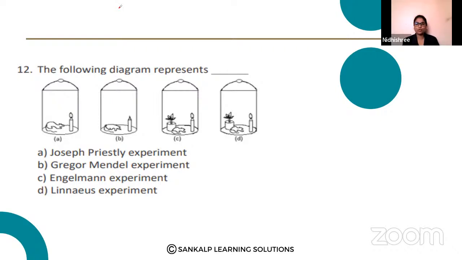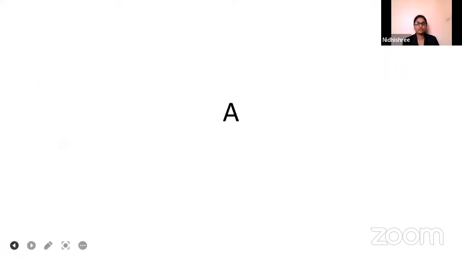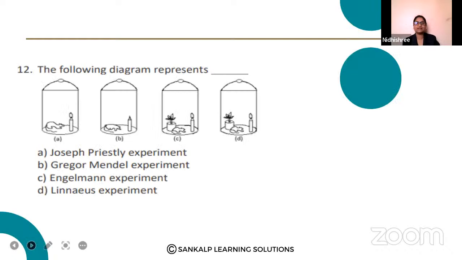Option A. Most of you voted for option A. Jyoti and Gayatri voted for option C. Let us check. The right answer is option A, Joseph Priestley's experiment.